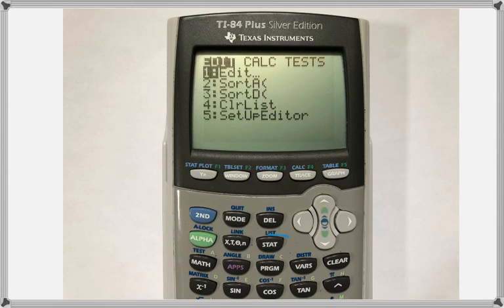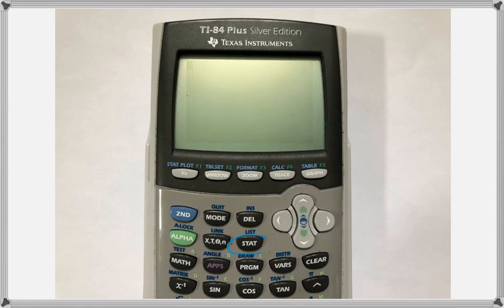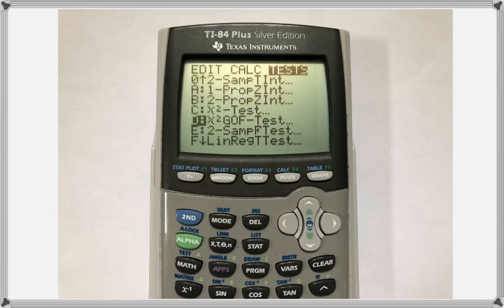So I press Stat and then select Edit, and then type in the observed list into L1 and the expected list into L2. And then quit out, go back into the Stat menu, go over to Tests, and then down to the chi-squared goodness of fit test.